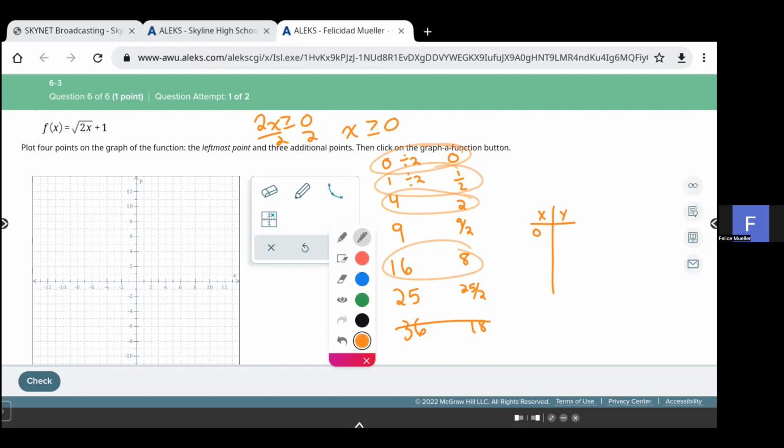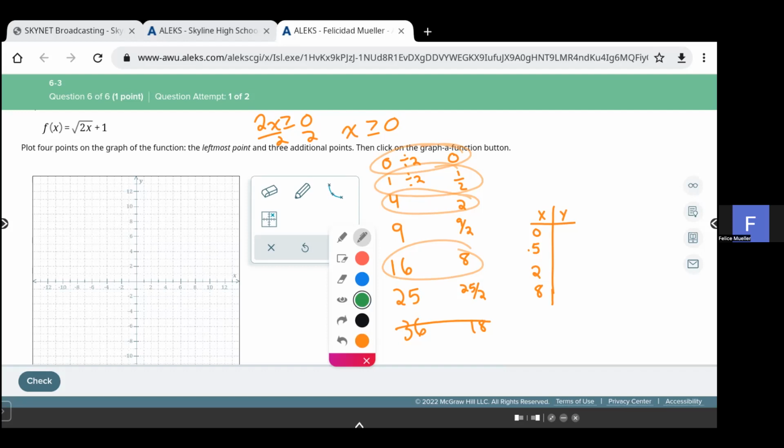So the next one is going to be 0.5, and then 4, 2, and 8. So when I'm doing this, I'm picking things that I know are going to give me nice answers. Again, I would just use Desmos for this, but obviously, again, the Promethean board does not like Desmos, so I just have to go ahead and do it by hand.